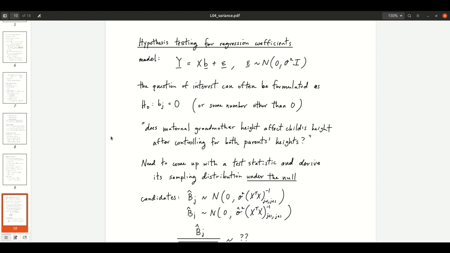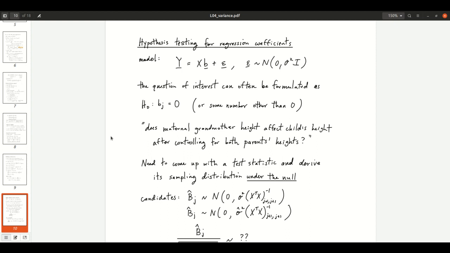Okay, so often our question of interest can be formulated in terms of this model as something like the hypothesis H naught is that b sub j, one of the regression coefficients, is 0, or some other number than 0.